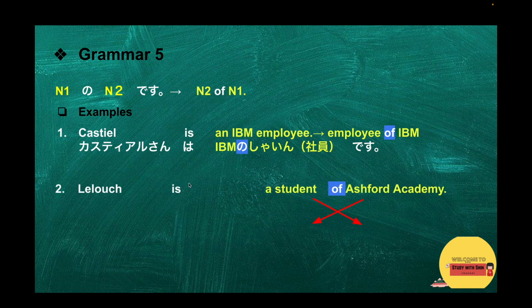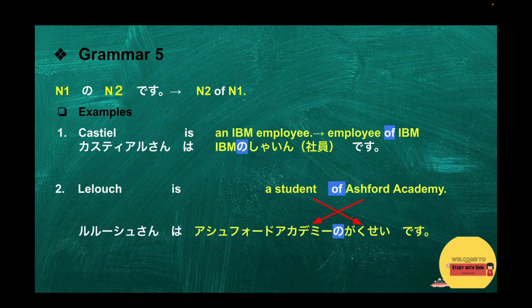Now, let's take a look at another example in order to fully visualize and see what it actually means and how it is constructed. So here we will say Lelouch is a student of Ashford Academy. ルルシュさんはアッシュフォードアカデミーの学生です. アッシュフォードアカデミー is Ashford Academy and 学生 is a student, right?